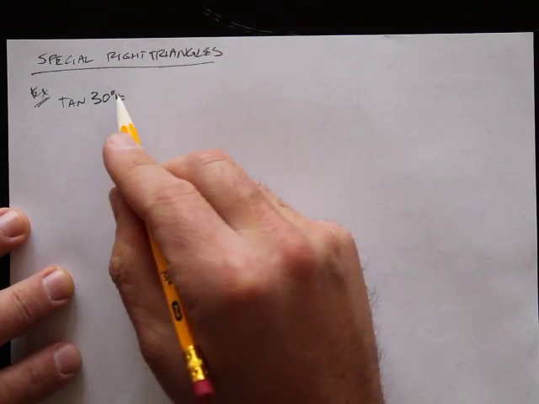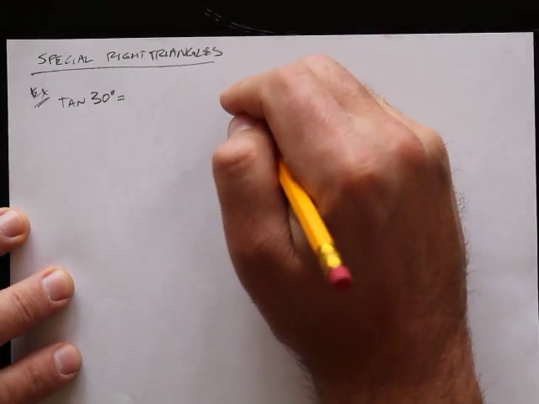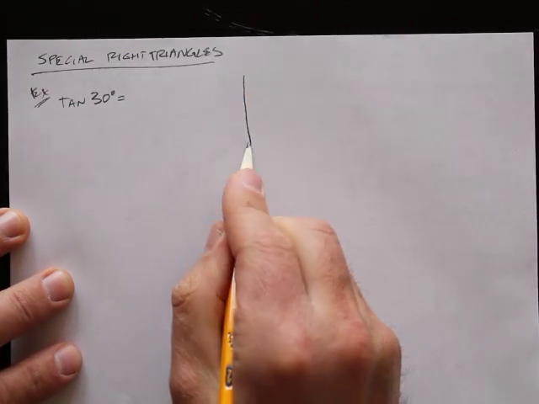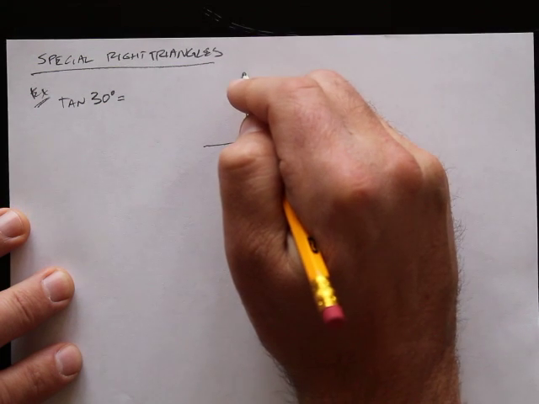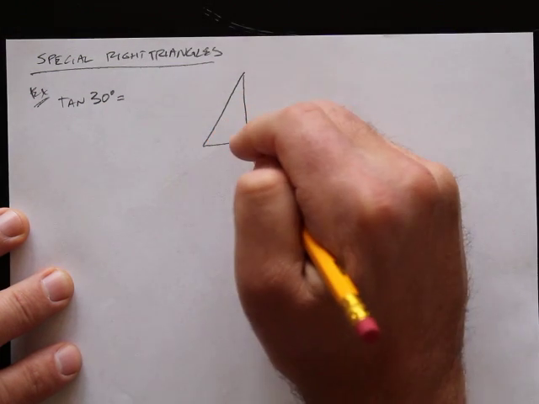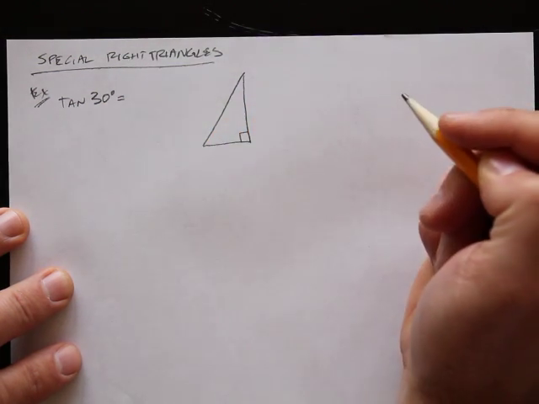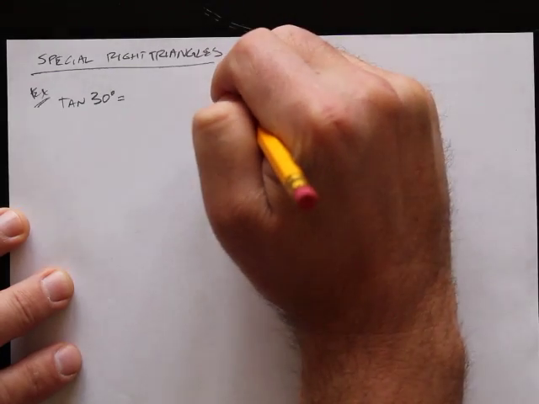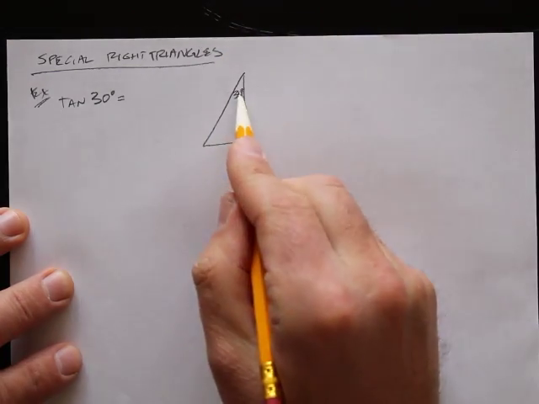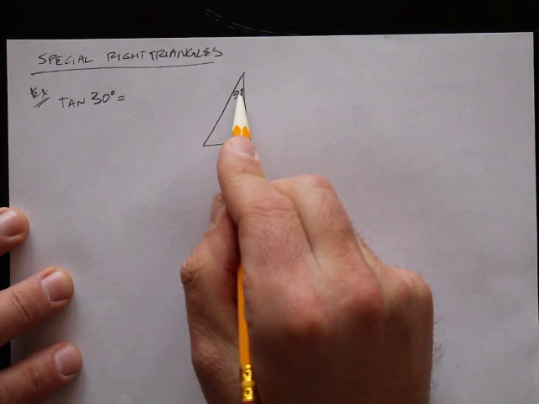So now let's figure out what tangent of 30 degrees equals. Okay, so let's go ahead and draw a triangle here. So remember, we're talking about right triangles. And then I'm going to say 30 degrees is one of these angles because I'm looking for tangent of 30 degrees. So I say 30 degrees.